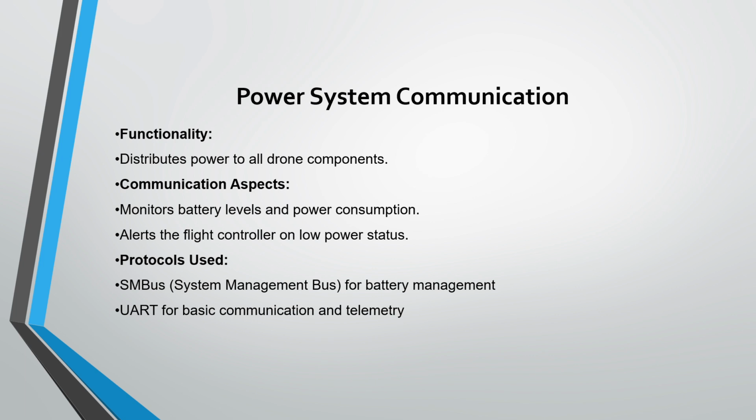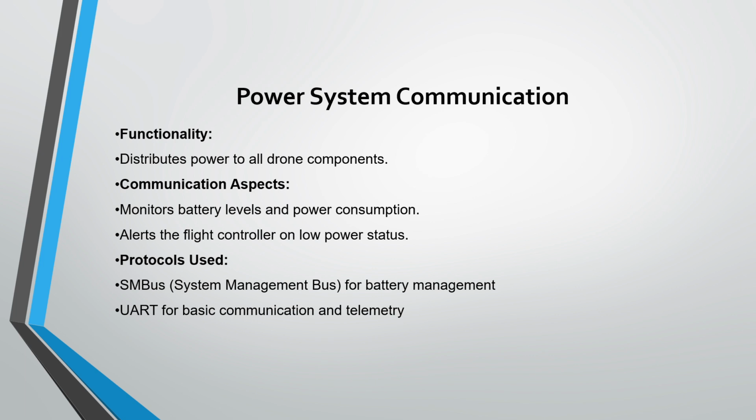It also alerts the flight controller on low power status. Whenever the power goes low, the sensors generate an alert according to the battery level and send a trigger to the flight controller, and the flight controller sends the message via the GPS module or other connectivity like Wi-Fi or Bluetooth to the remote controller on the ground.